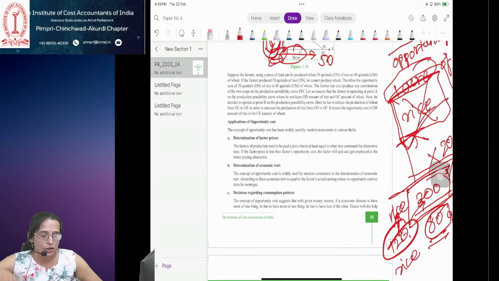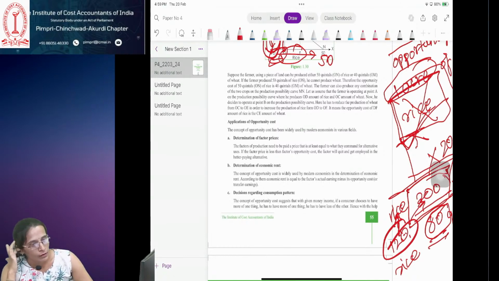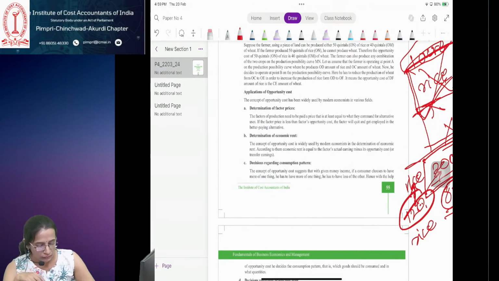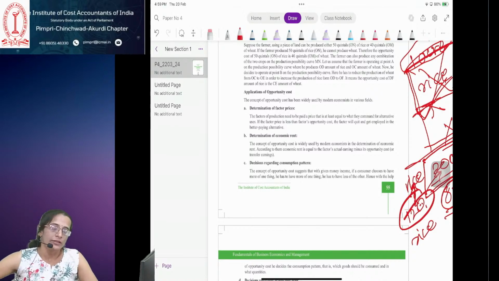Applications of opportunity cost. Where can this opportunity cost be utilized or useful? See, determination of factor price.